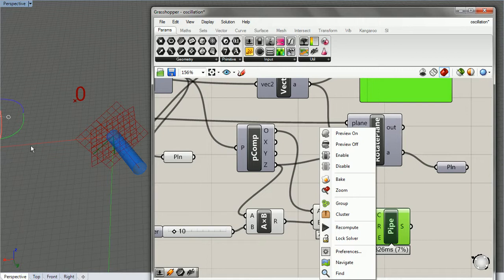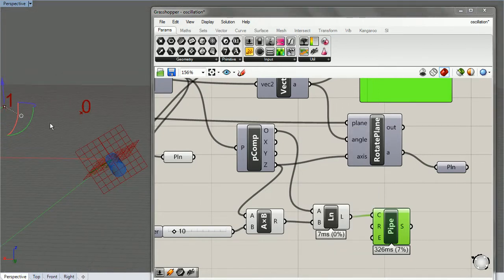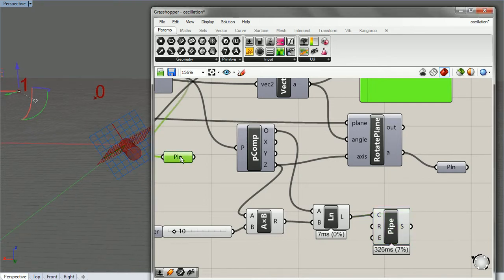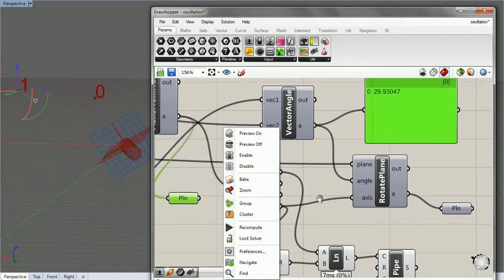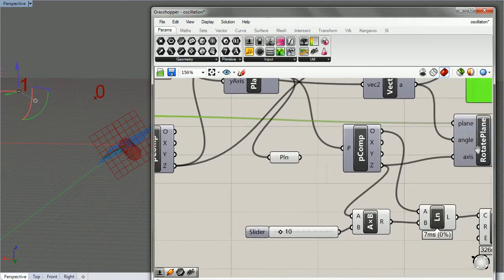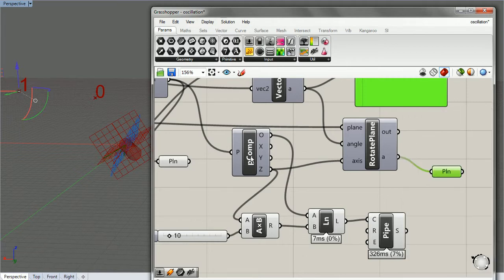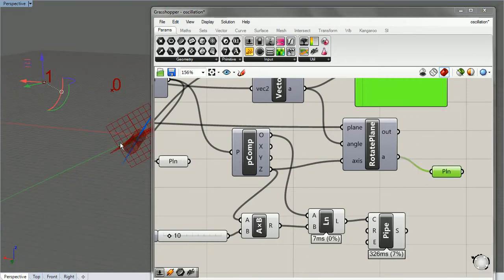It's going to rotate around by the angle from 0 to 1, or I guess between 0 and 1, and it's going to rotate this plane right here. So let's see if it does that. Okay, so yeah, it does.